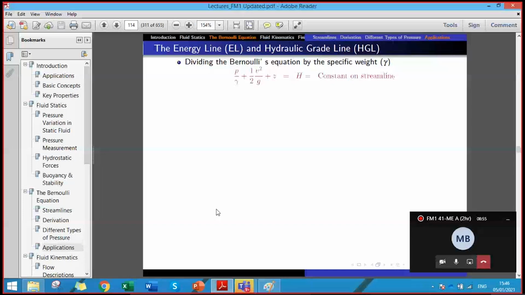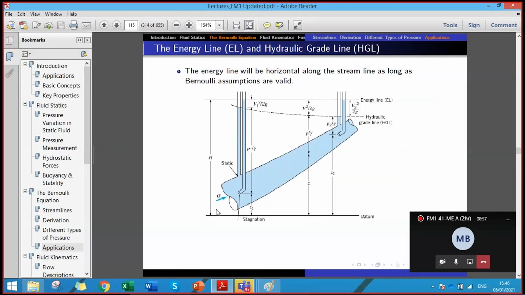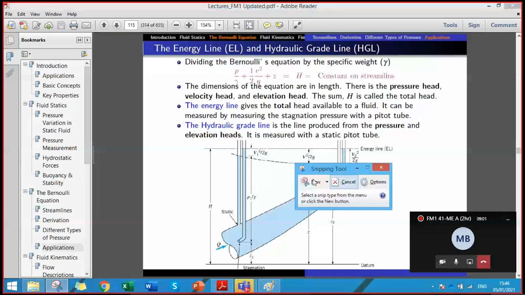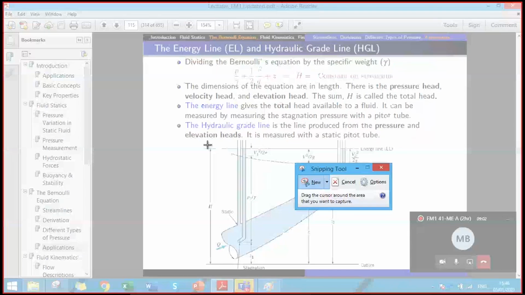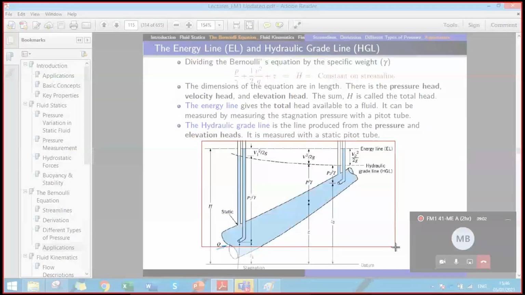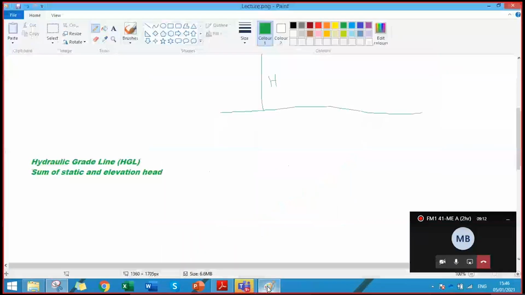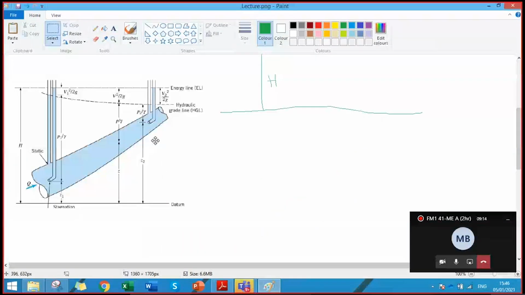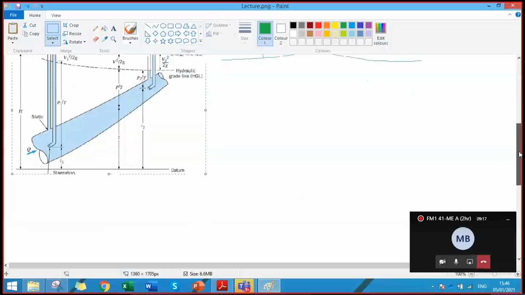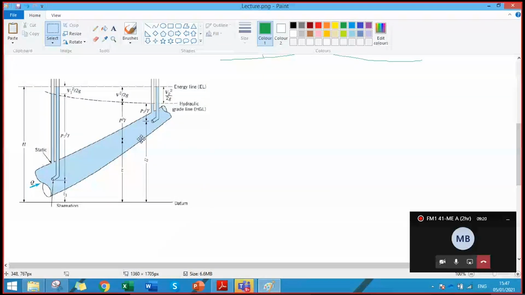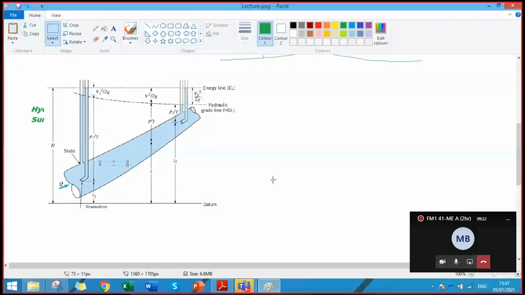Let's say we have a flow like this, as shown in the figure here. So I bring it here. For this flow, we're interested in discussing the hydraulic grade line and the energy grade line.